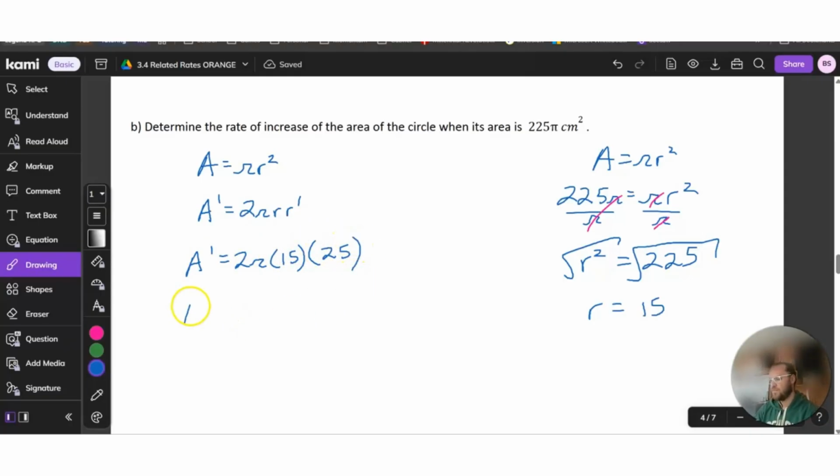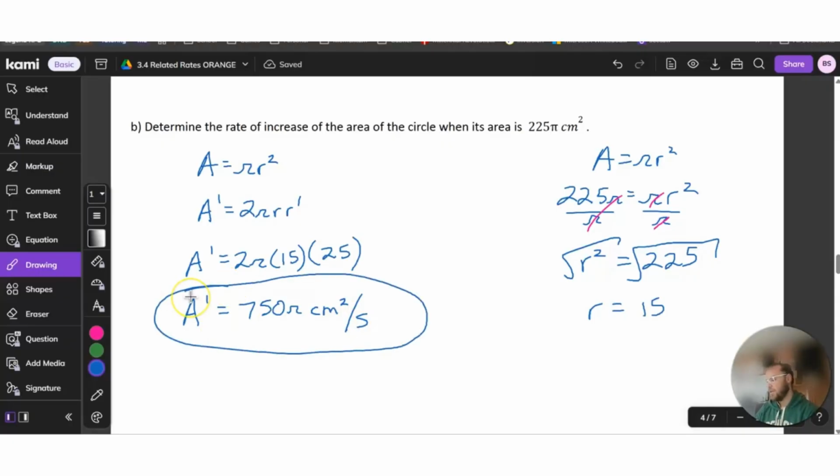And so my a prime is going to be 750 pi. Now, if it's area, what are the units? Centimeters squared per, what's our time unit this time? Not minutes, seconds. So the area that the circle is getting bigger at is 750 pi centimeters squared per second.